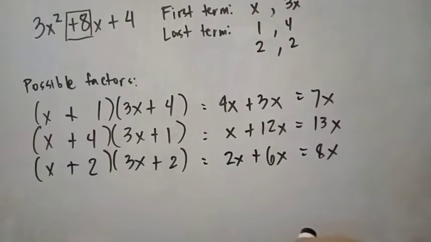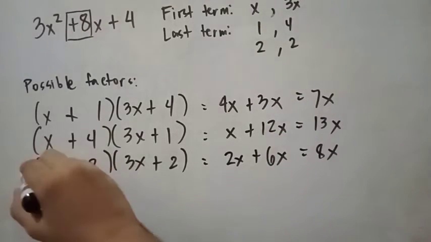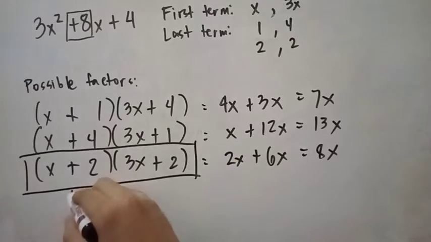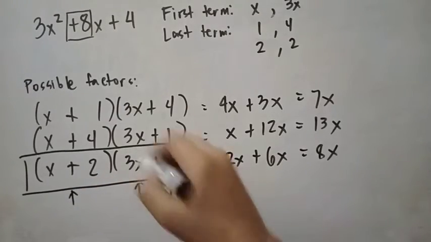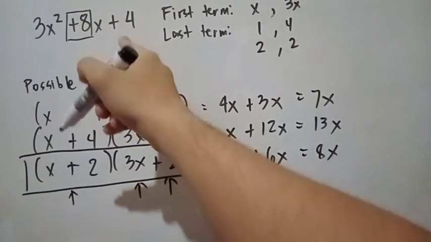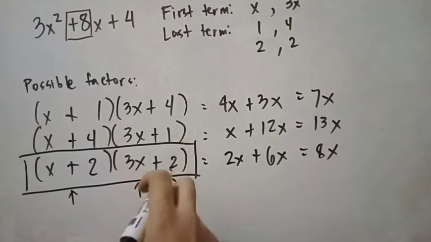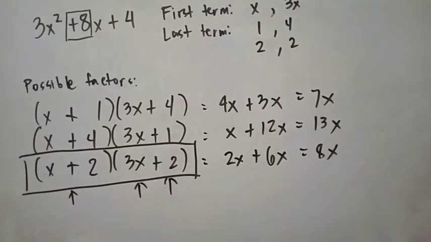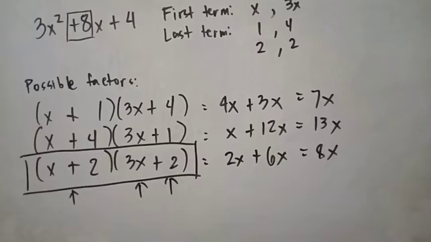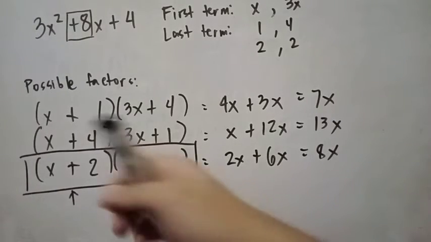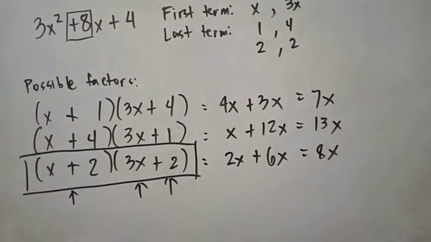Meron na tayong factors na nahanap. And that is this one. So ito yung totoong factors ng 3x² + 8x + 4, which is (x + 2) multiplied by (3x + 2). So ganito yung pag-factor ng ganitong trinomial by using trial and error method. Yan ay kung yung leading coefficient ay greater than 1.